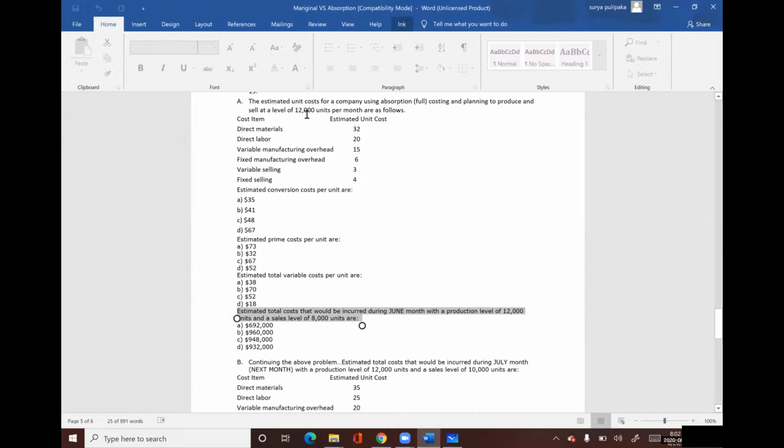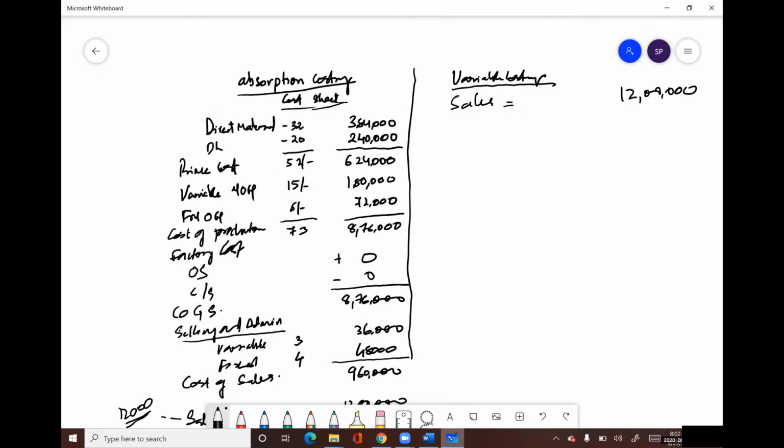Produce and sell 12,000, right? I am ignoring this part of the question. Sales here I have taken 12,000, and in variable costing also I am taking 12,000. Okay?